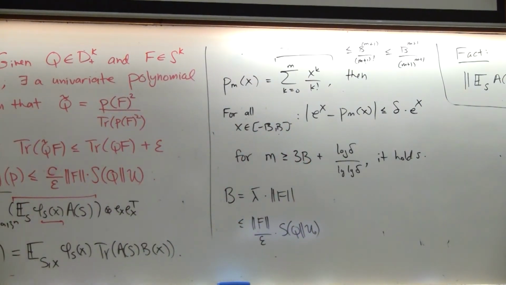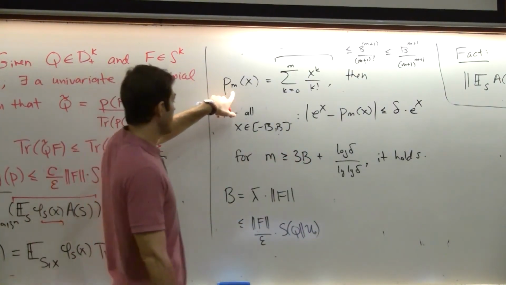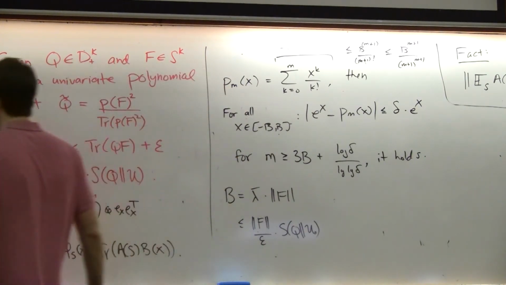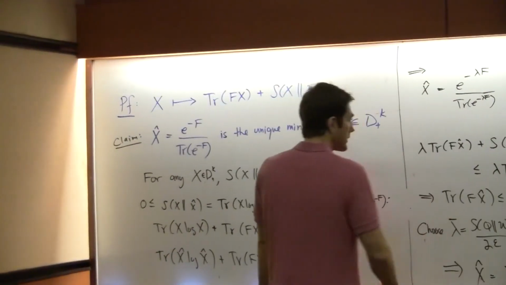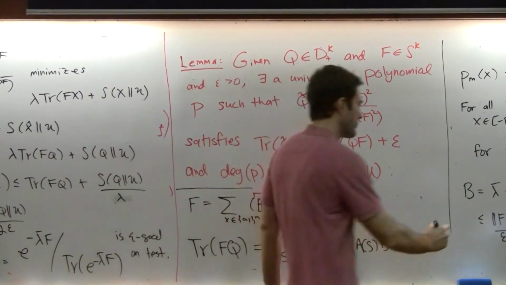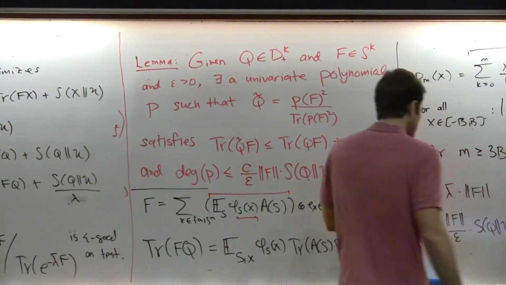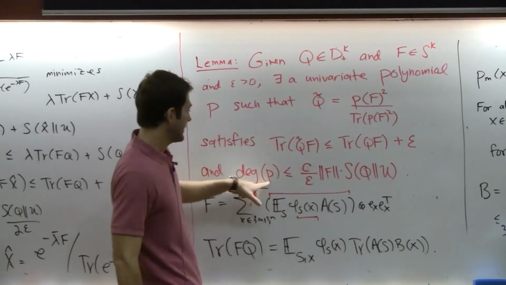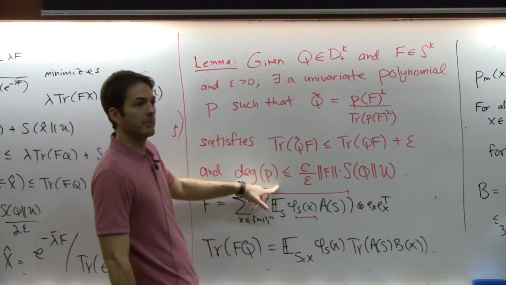So you see that the degree of this p sub m that we need is exactly what we wrote here, maybe times 3, and this is the bound on p sub m.